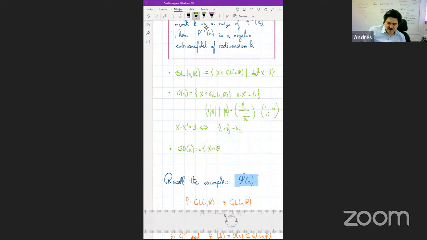SO(n) is the set of orthogonal matrices X such that the determinant of X equals 1.